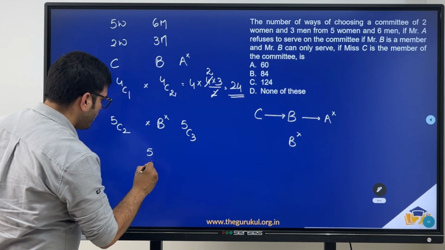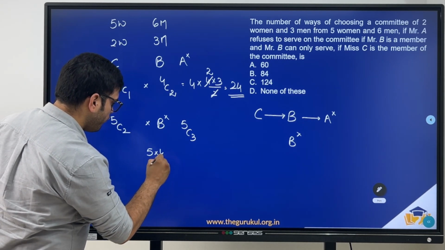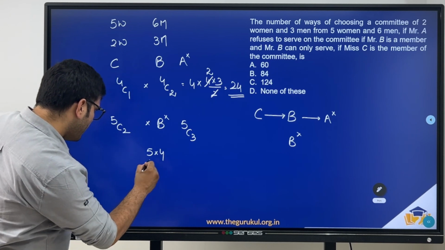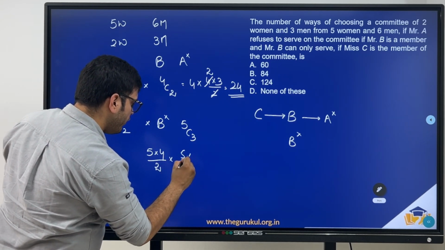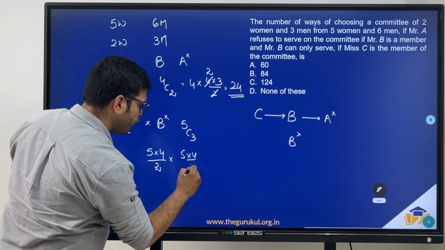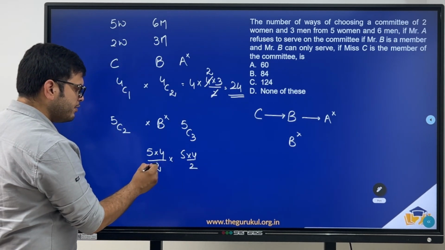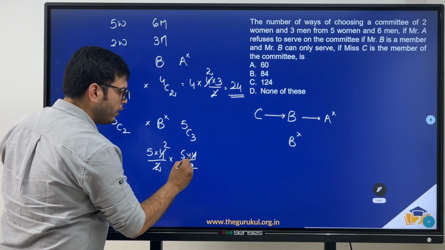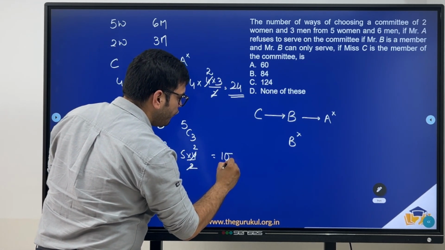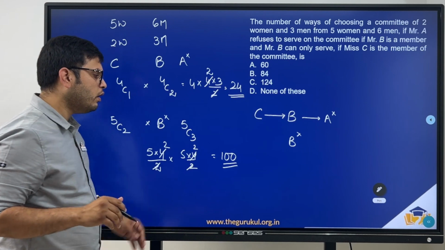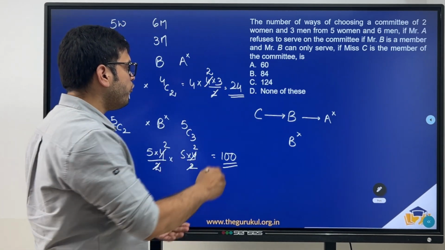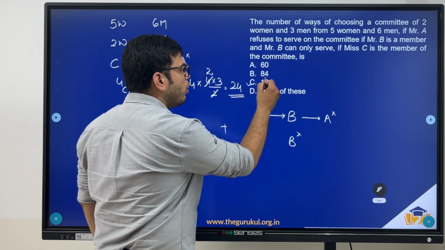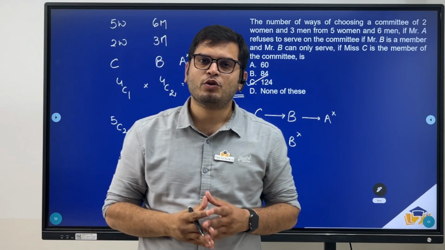That would be 5 into 4 by 2 into 5 into 4 by 2, because 5C2 is the same as 5C3. So this is 10 into 10, 100. So if you wish not to select B, you can form the committee in 100 ways. We are asked to find the total number of ways, so 24 plus 100, 124 should be the answer to this question.